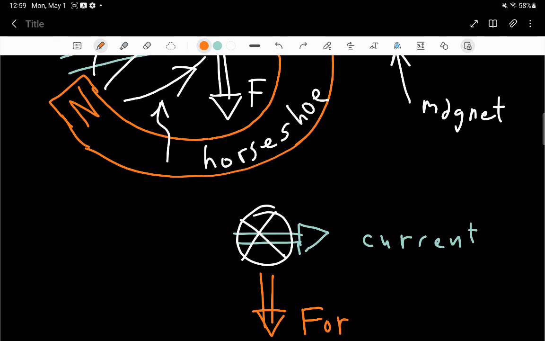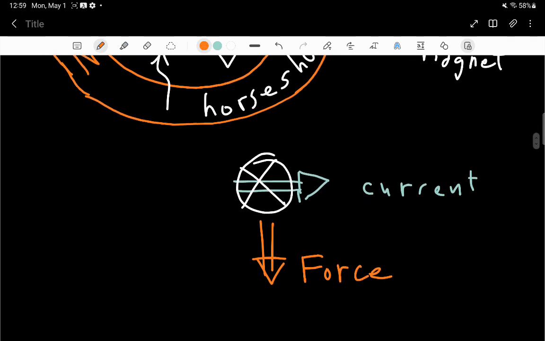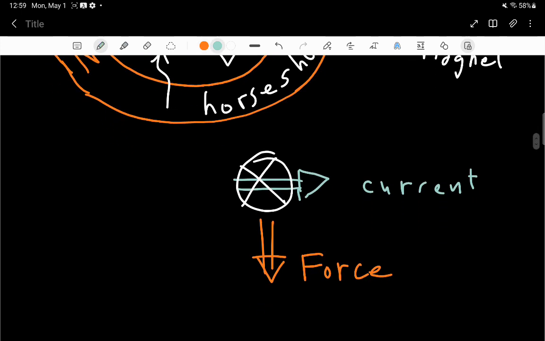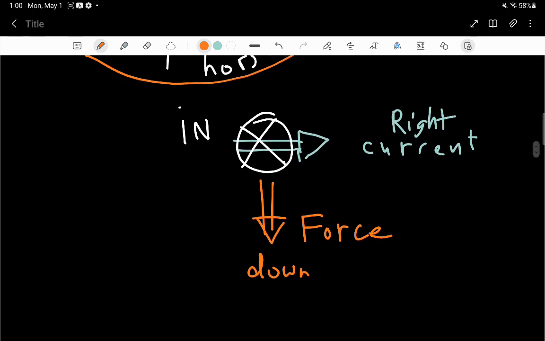Oops, I'm sorry. Force is downwards. So the current is towards the right. The magnetic field is in, and the force is down. And you'll notice that this is very three-dimensional.